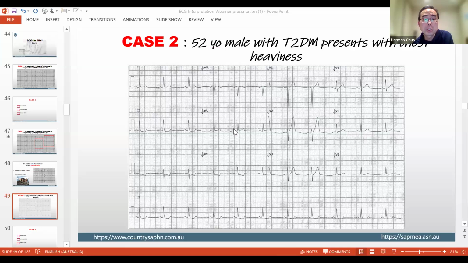And this is significant. Leads 3 and aVF, it's definitely an abnormality right there. This is not a normal ECG, not a normal lead 3, not a normal lead aVF. So it is not an inferior. It is a reflection of what's going on in the high lateral leads, 1 and aVL.